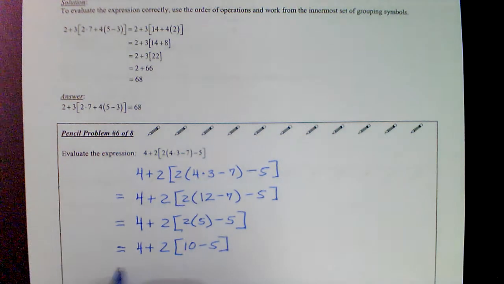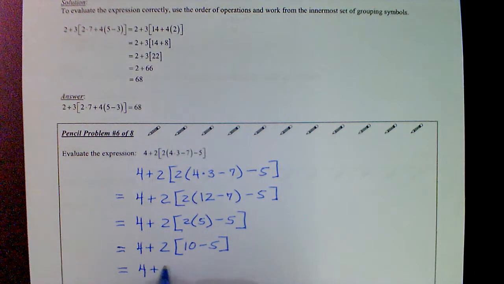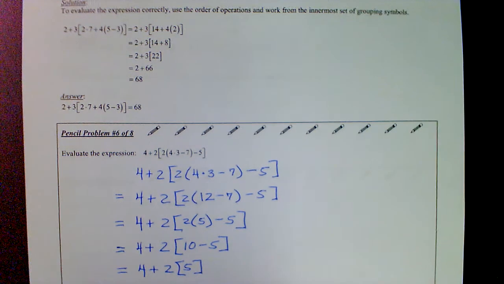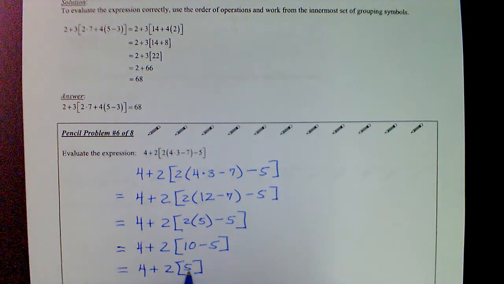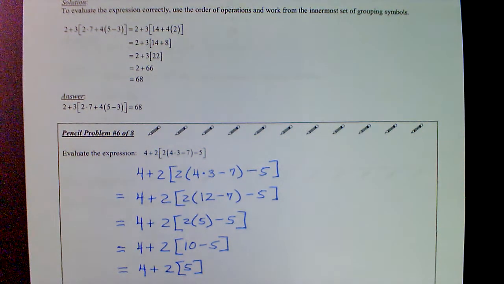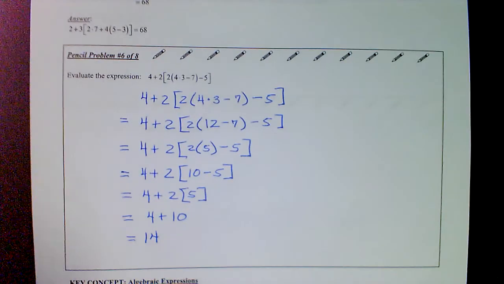Minus 5, continuing in brackets, 4 plus 2, 10 minus 5 is 5. And between the 2 and the 5 is multiplication, which comes before addition. So 4 plus 10, or 14. Oops, sorry. Okay, so there we go with that problem.